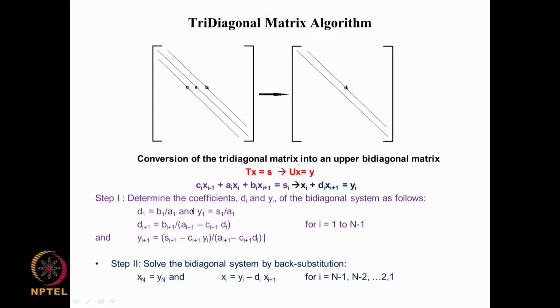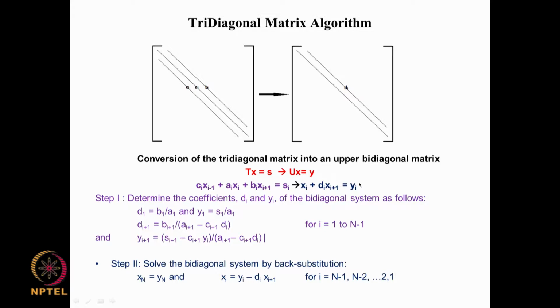To begin with, we evaluate d1 equal to b1 by a1 and y1 equal to s1 by a1, and from then onwards we put d(i+1) equal to b(i+1) divided by a(i+1) minus c(i+1) di. If you look at this, for i equal to 1 you get d2 equal to b2 divided by a2 minus c2 times d1, where d1 is already evaluated here.